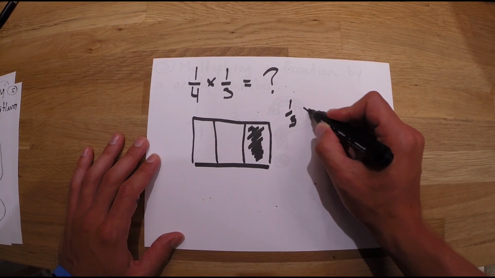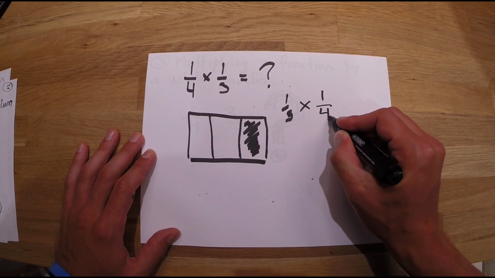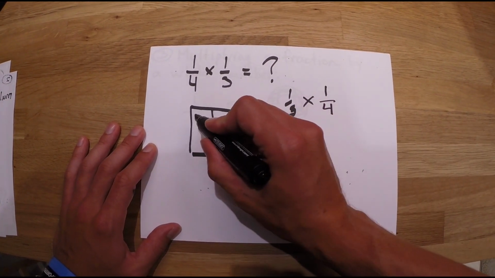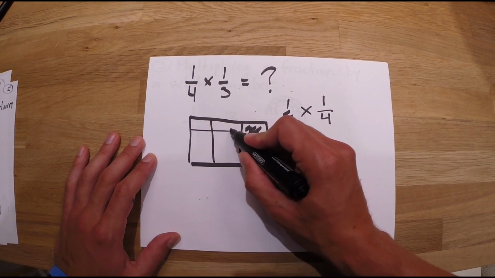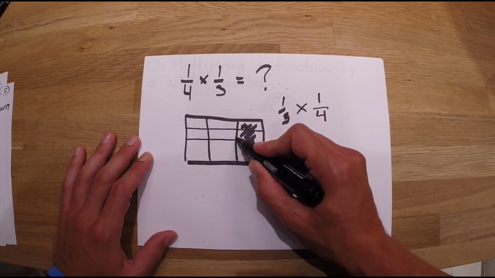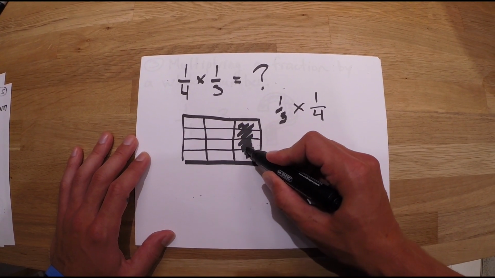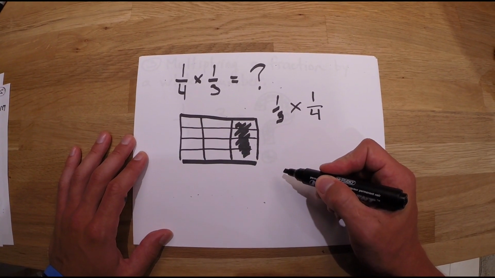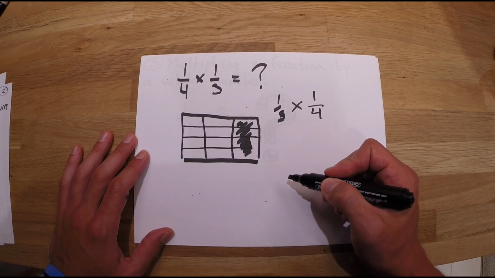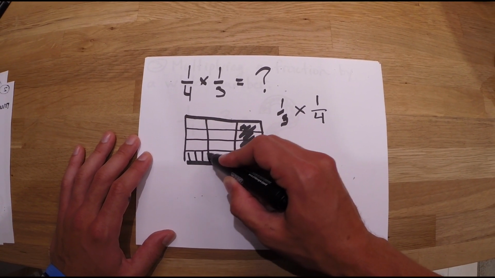Now what I've done here is I've drawn a whole and I've divided it into 3 different parts. I've shaded in one of the 3 parts, which denotes the 1/3 in the question. Now we still have to multiply it by 1/4. Now in order to multiply it by 1/4, we have to divide that whole again into 4 separate sections. And as you'll see, I will color in one of the 4 sections as well.